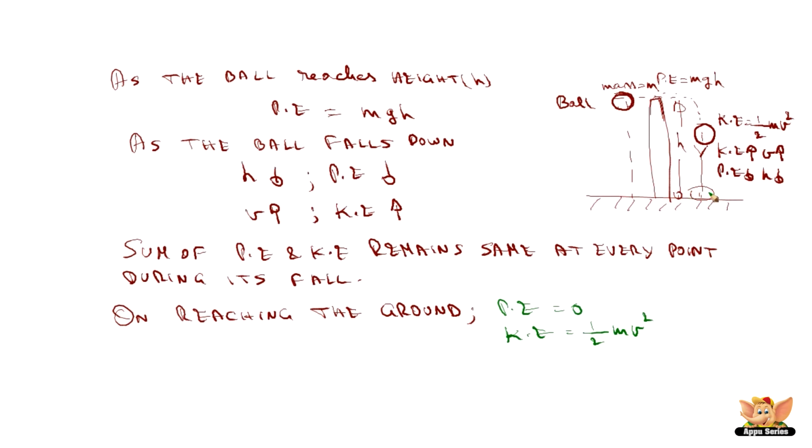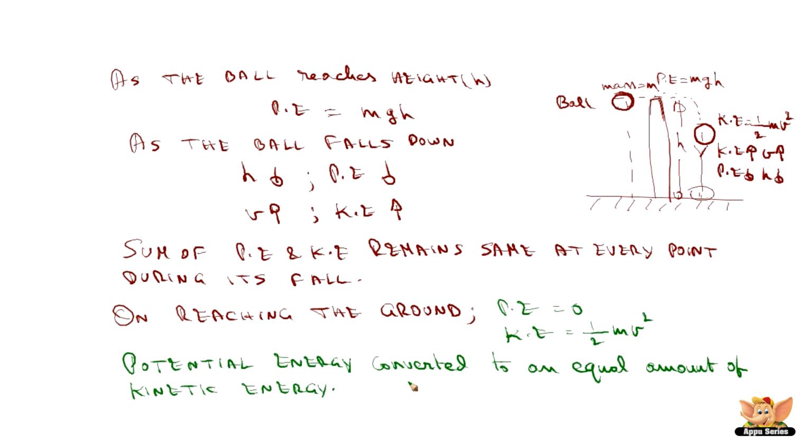The entire potential energy got converted to kinetic energy. At the end of it, the total energy of the system remains constant. Therefore, mgh, which is potential energy, plus half mv square, which is kinetic energy, remains constant.